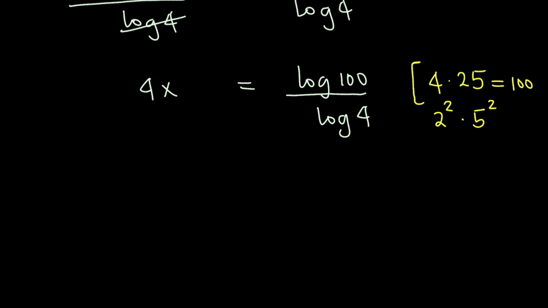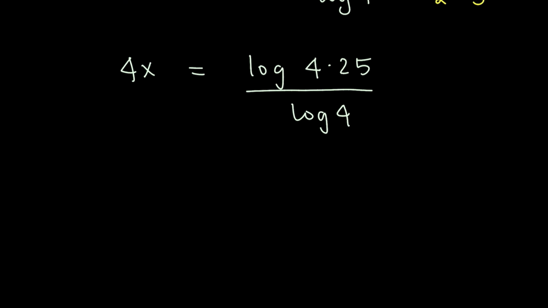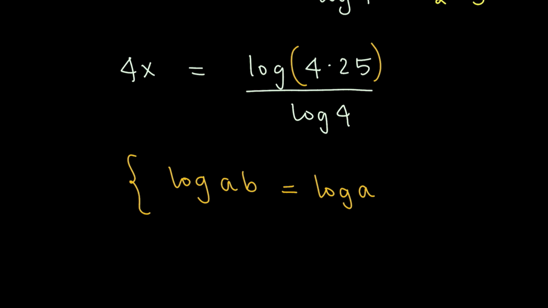So I'm going to first separate by writing log 4 times 25 divided by log 4, and then apply another law of logarithm which says given log, you have product of two numbers, you can separate them into sum of individual logarithms.